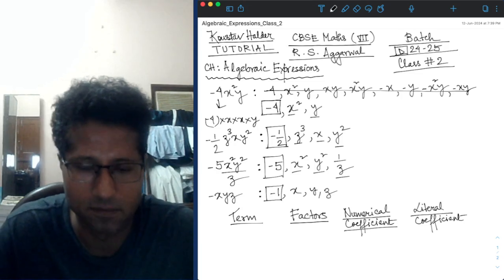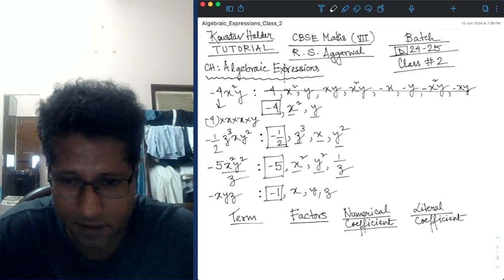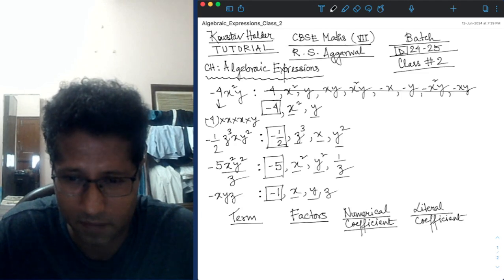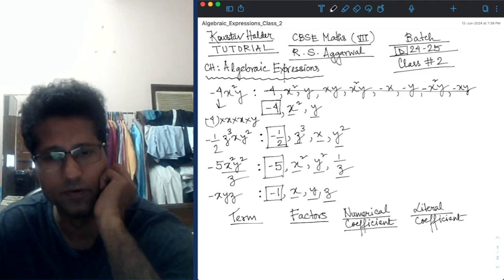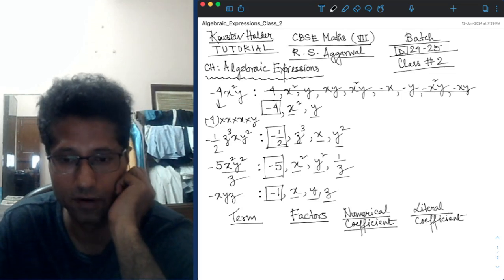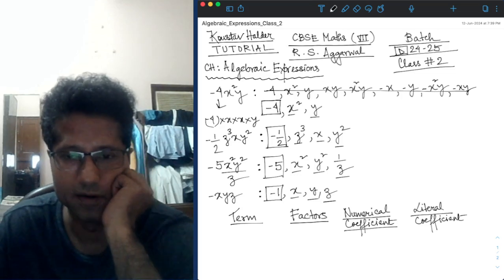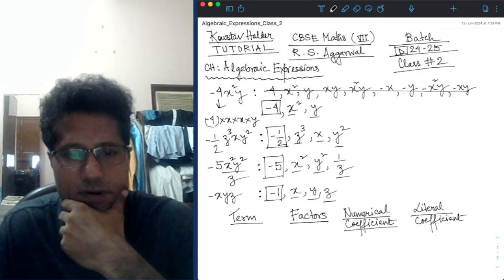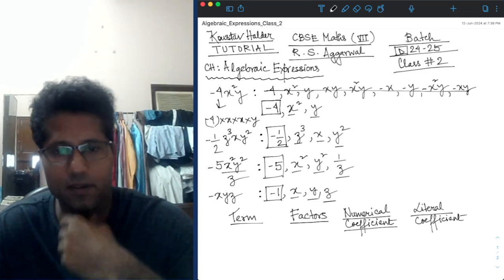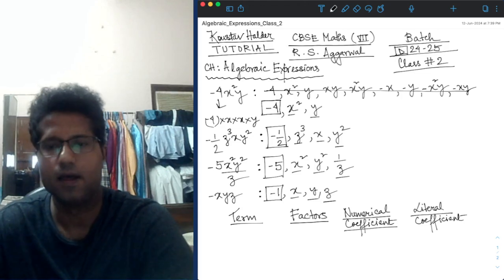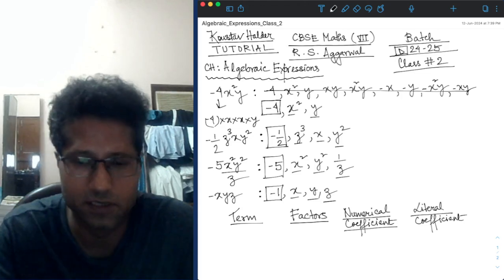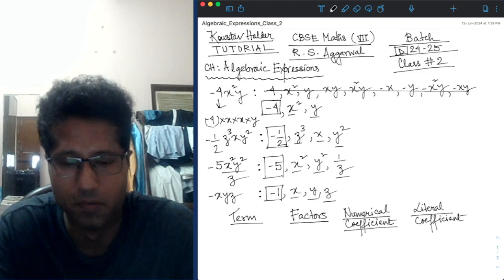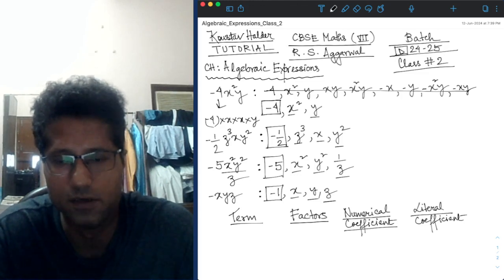Similarly, for the last term, minus xyz, x is a literal factor, y is a literal factor, and z is a literal factor. These are the literal factors. So I hope it's now clear what the factors of a term are, and among those factors which is the numerical factor and which are the literal factors.